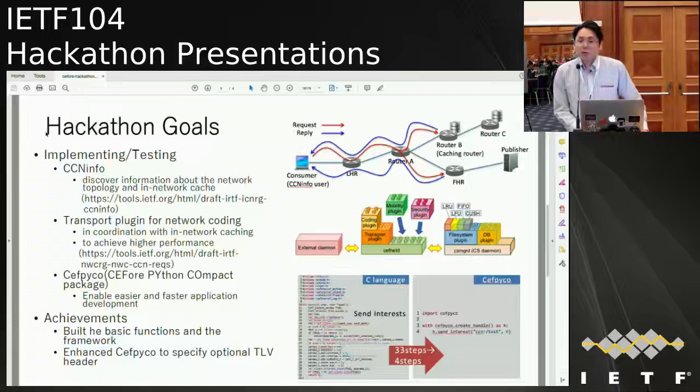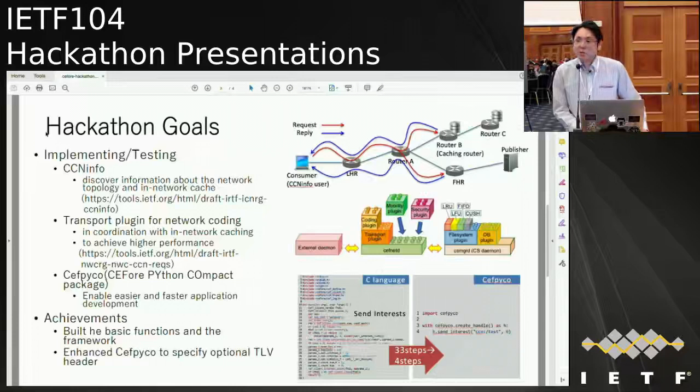And the second is developing a transport program for network coding in coordination with in-network caching in order to achieve high performance. The requirements are described in this draft. And third is to implement CEFPyCO, which is a Python package to enable faster and easier CEFORE application tools.